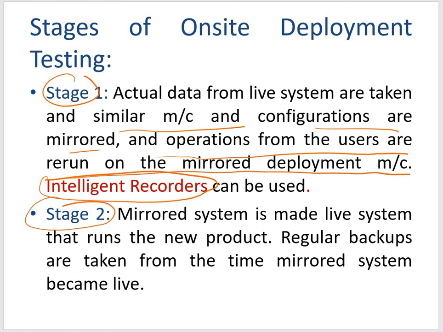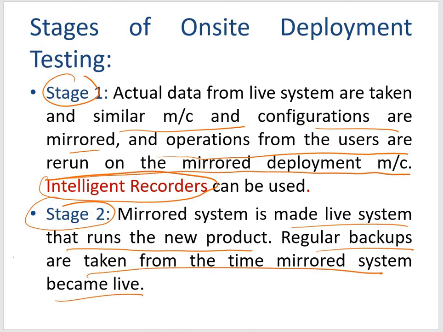In another stage, your mirrored system is made the live system that runs the new product. Regular backups are taken from the time the mirrored system becomes live. So this is basically done after the success of stage 1. After success in stage 1, your mirrored system is made live, and from that time onwards till stage 2 is over successfully, we take regular backups.